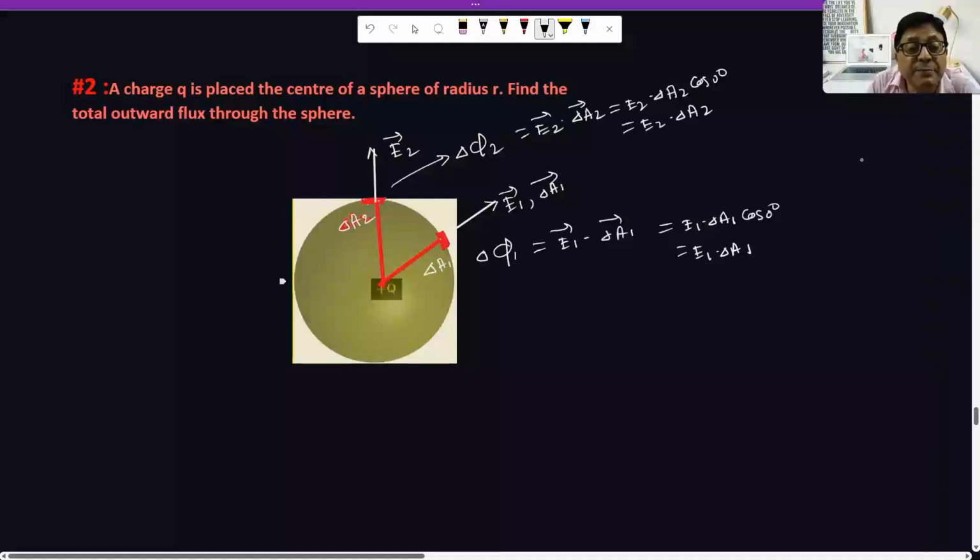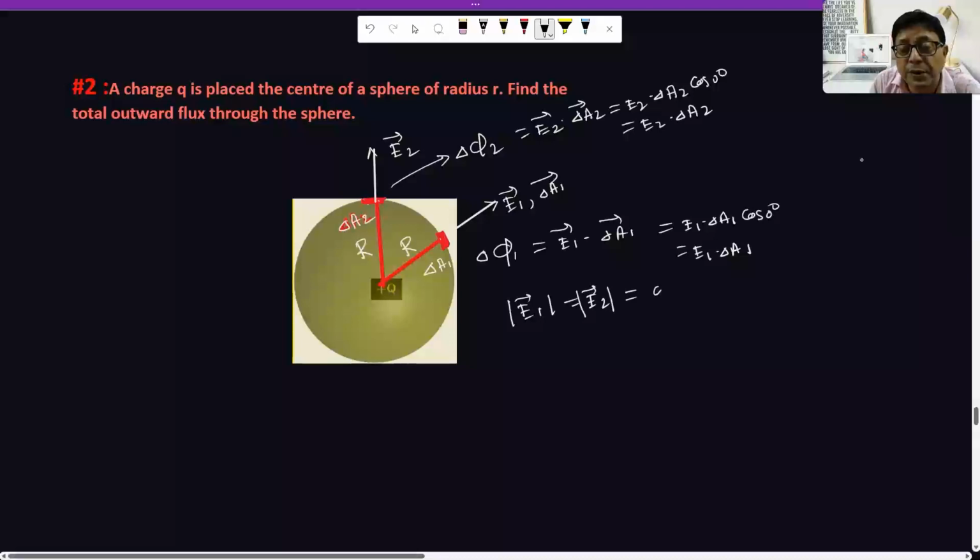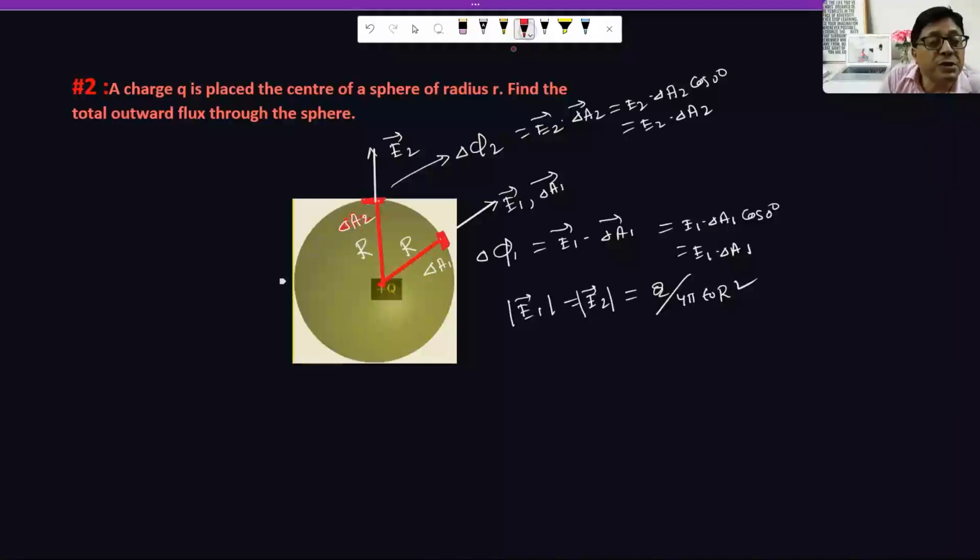Now this charge Q is placed at the center. If the radius of the sphere is R, then the magnitude of E1 and the magnitude of E2 will have the same value, and this is given by Q by 4 pi epsilon 0 R square, you know. Take the elemental portion on other sides also. The surface elements are there everywhere, and you calculate electric flux through all these portions.